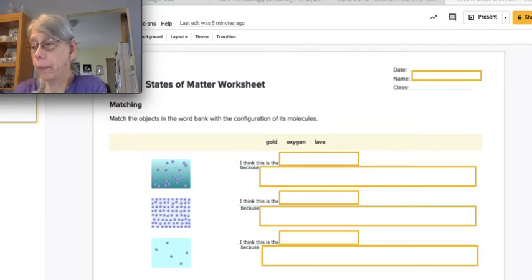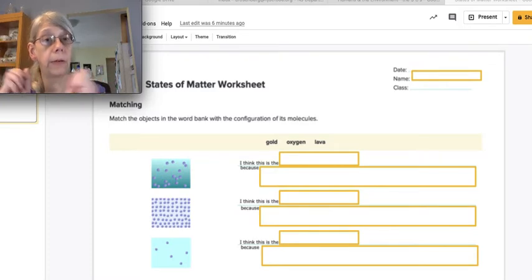Okay, so the glass is a solid, which means those particles are very close together. They're moving only a little bit. They don't get far apart from each other. They don't move enough to change the shape of the glass or the amount of space it takes up, the volume. All right?